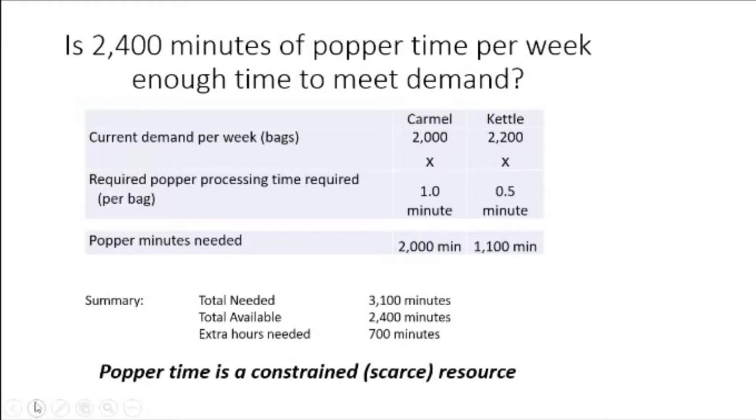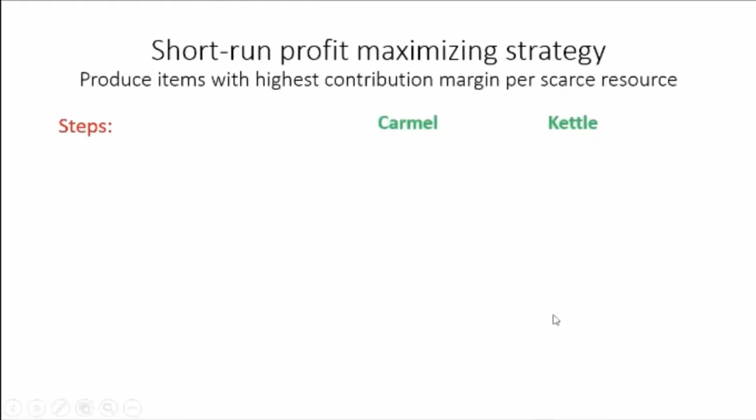Now the question becomes, in the short run, how can the business maximize profits? Well, the theory tells us that we are going to produce items with the highest contribution margin per scarce resource. So the steps to compute this are: first, compute the contribution margin per unit.